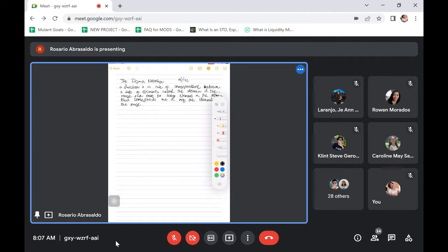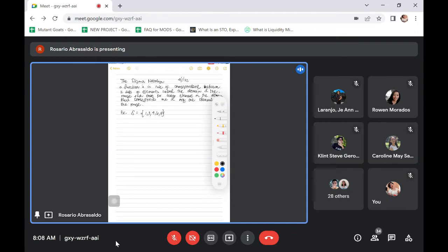Okay, class. So this definition can simply be put in the following manner. A function is a formula that converts elements of a given set into another set of elements. For example, we're going to consider the set of numbers S having the elements 1, 3, 4, 6, and 9.